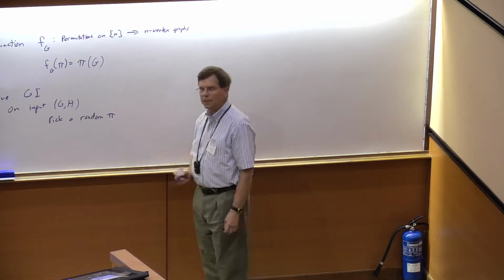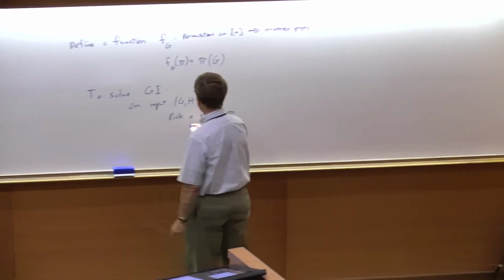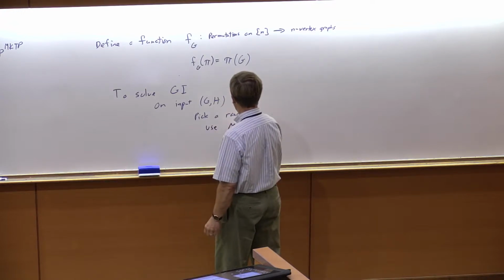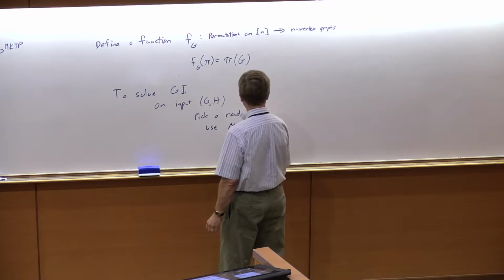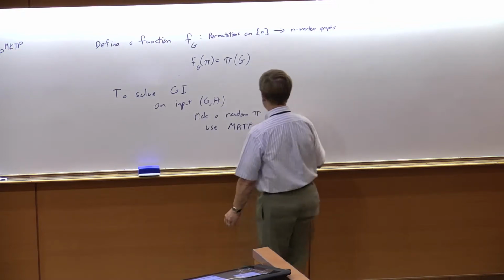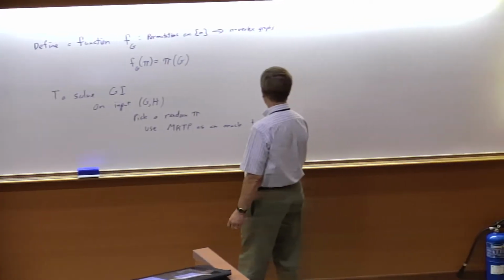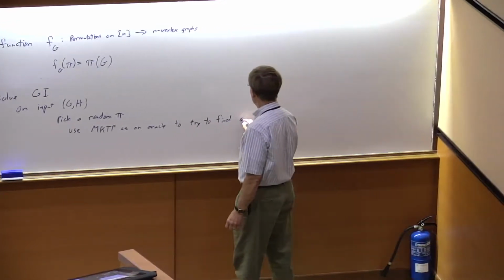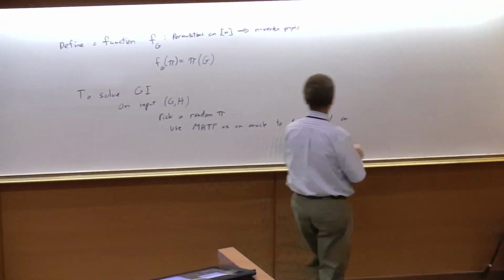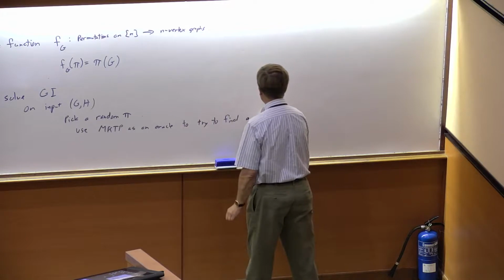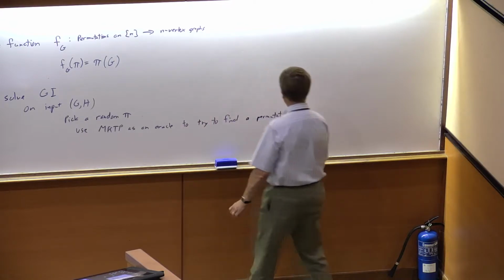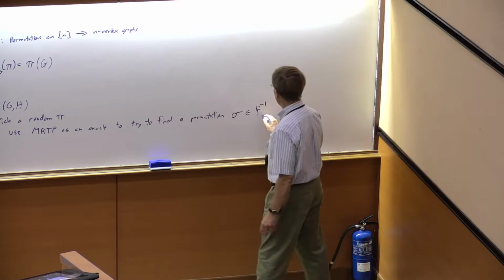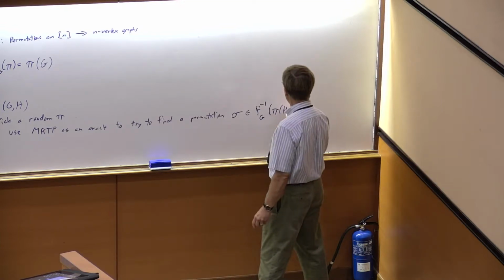We're going to pick a permutation uniformly at random, and use, let's say, MKTP as an oracle to try to find a permutation, let's call it sigma, in F sub G inverse of pi of H.